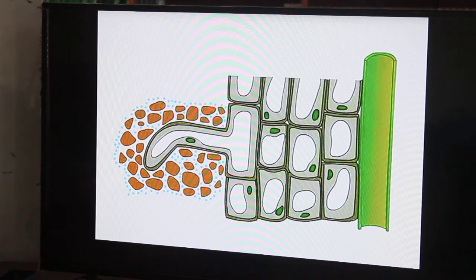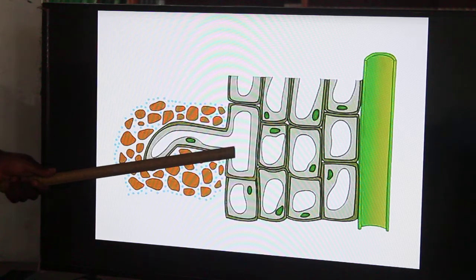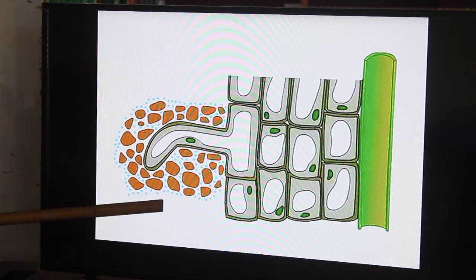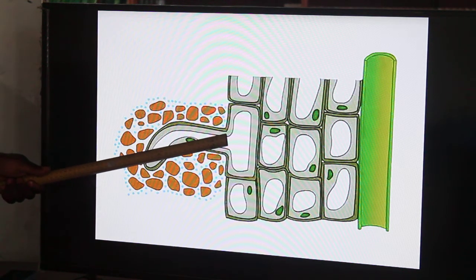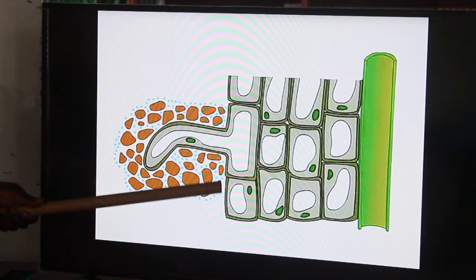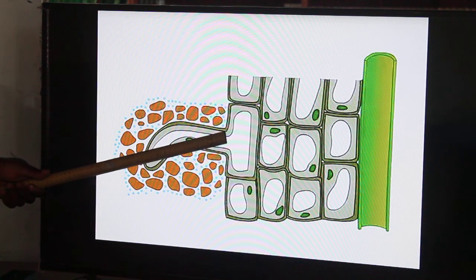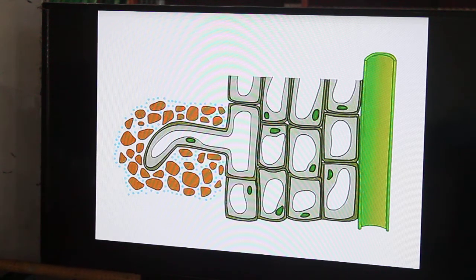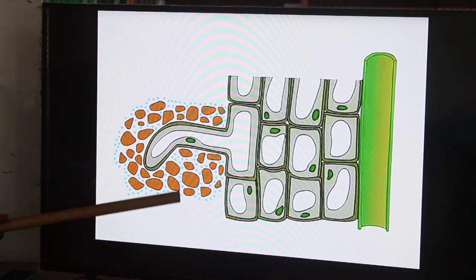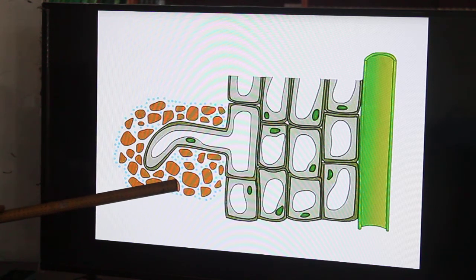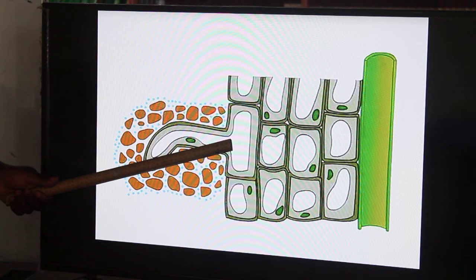In case the minerals are more concentrated in the soil than in the cell sap of the root hair, then the minerals will move into the root hair cell by diffusion, moving from a region of high concentration to a region of low concentration.